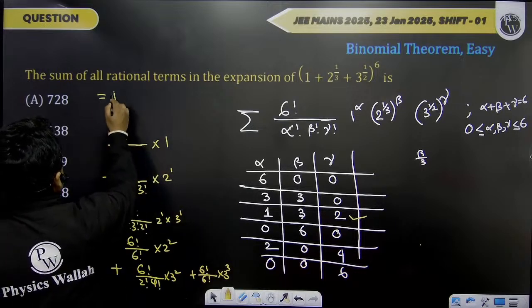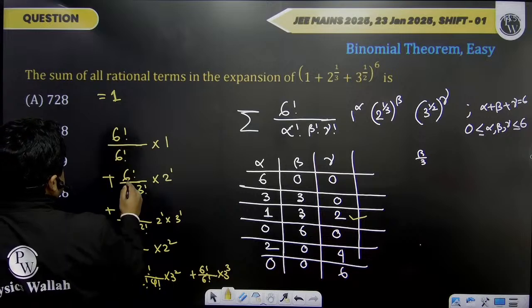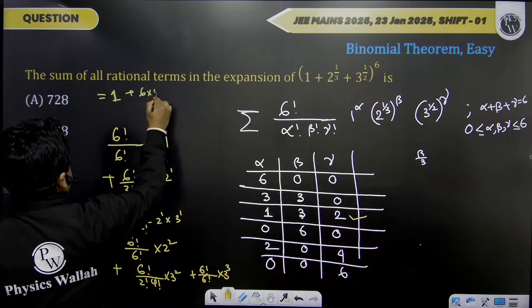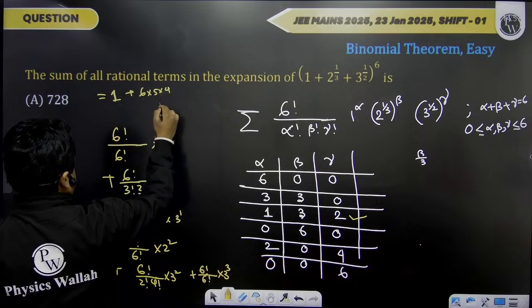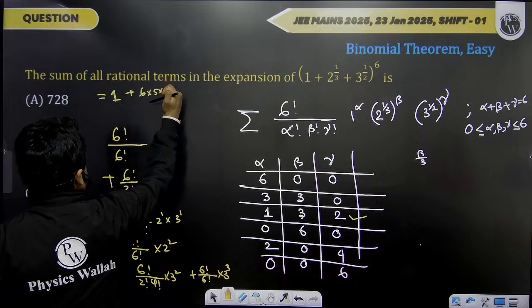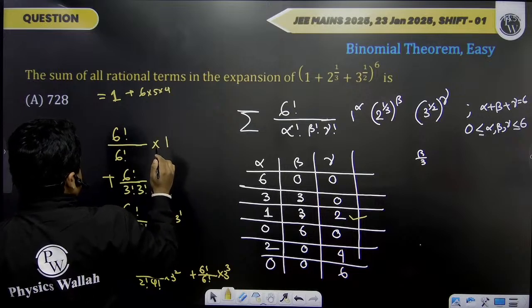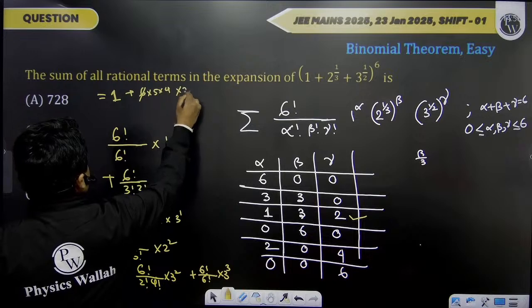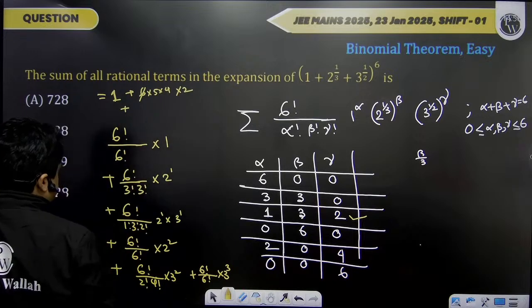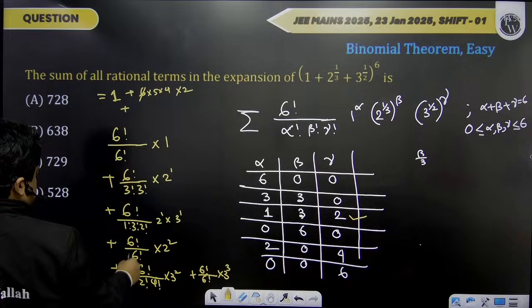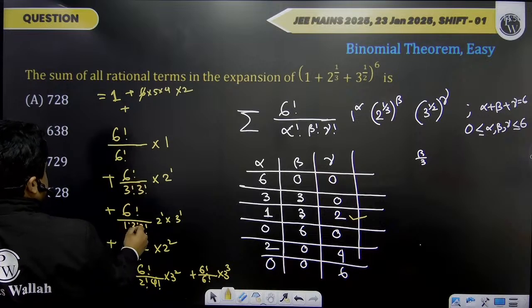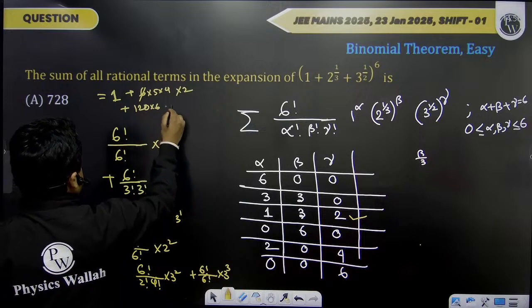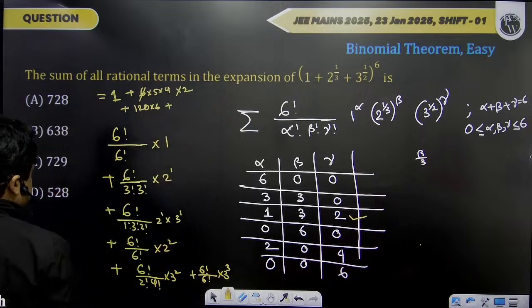So the first one is 1, second one is 6 into 5 into 4, 6 into 5 into 4 into 3 factorial is gone by 6. So 20 into 2, 40. Third one is 720 by 6, 120, right? 120 into 6, correct?